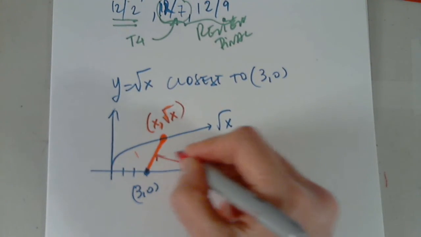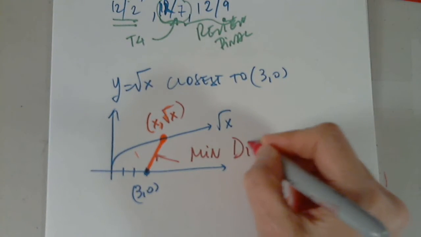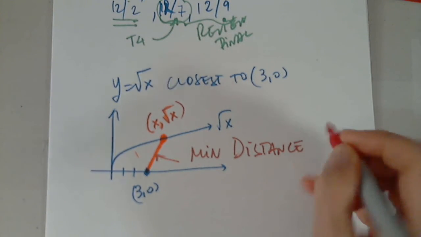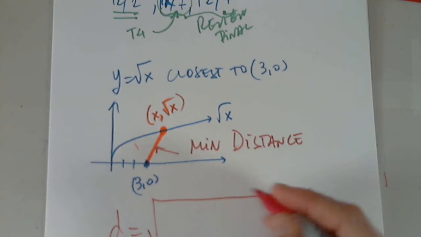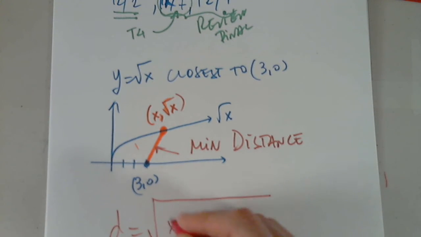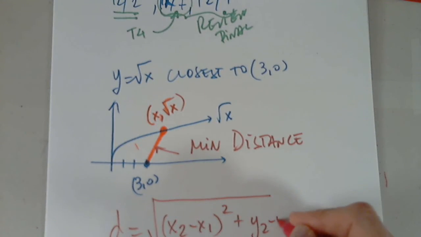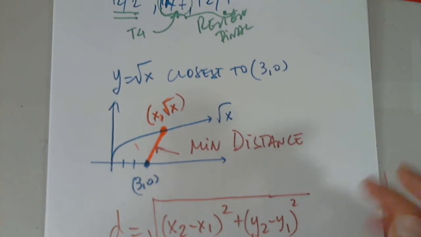I need to minimize distance. But I have to remember that the distance formula is the square root of (x2 minus x1) squared plus (y2 minus y1) squared.